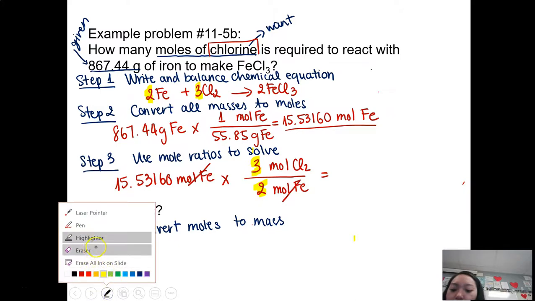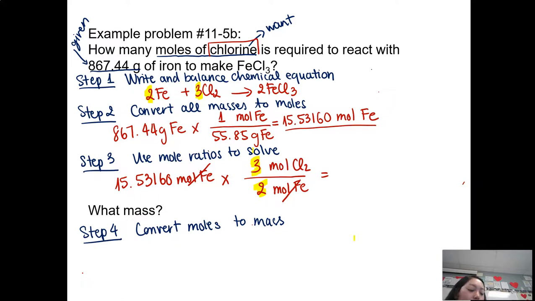So then going back to our problem, you plug it in the calculator, what you should get is also some other long number. It's 23.2974 blah blah blah mole of Cl2.